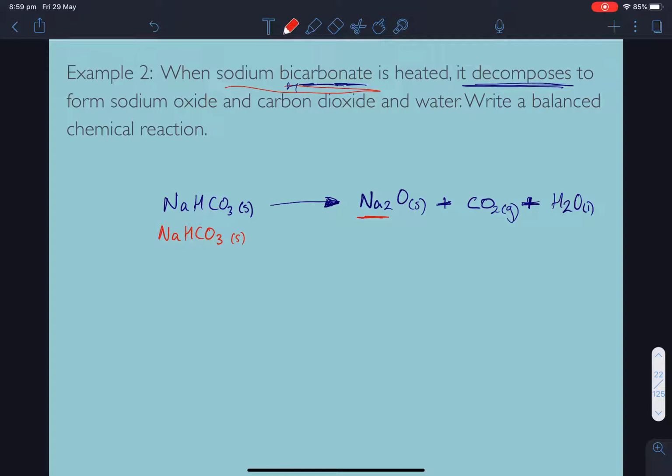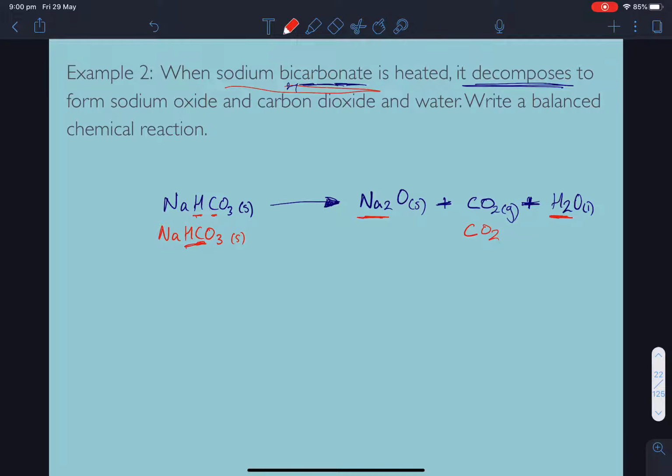Okay, hydrogens. I have 2, because I have 1 from each sodium bicarbonate, and I have 2 here because I've got 1 molecule of water, H2O. So that's all good. Now I might do carbon. I've got 1 carbon in each sodium bicarbonate, so I've got 2 on the left. I need 2 on the right, and each carbon dioxide has only got 1, so I need a whole other carbon dioxide, a second one there.